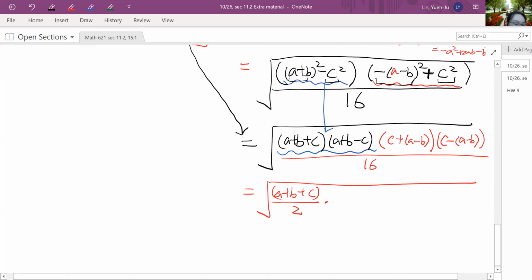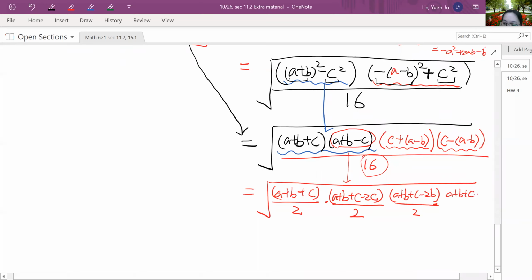And I'm going to rewrite a plus b minus c as a plus b plus c minus 2c, divided by 2. Essentially, I'm breaking 16 into 2 times 2 times 2 times 2. I'm going to do the same thing here for c plus a minus b. So this is going to be a plus b plus c minus 2b. And do the same thing with the last one. It's going to be a plus b plus c minus 2a.